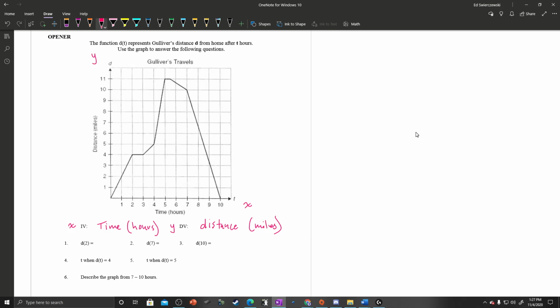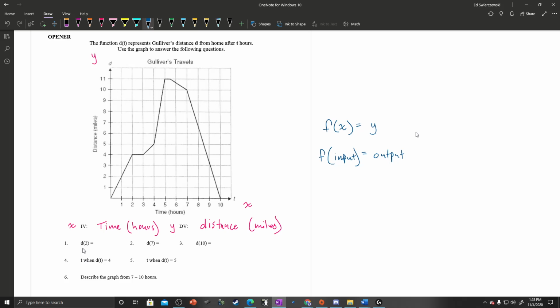Then the next question is having me evaluate this function using function notation. Let's recall that when we see function notation, f of x is equal to y. Whatever is inside of the parentheses is the input, and when you evaluate it at that input, it will be equal to the output.